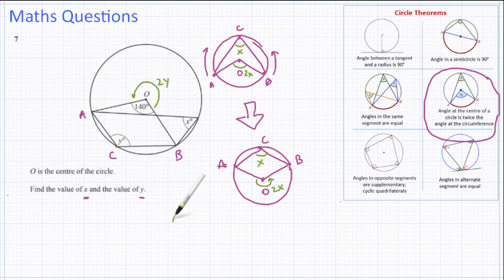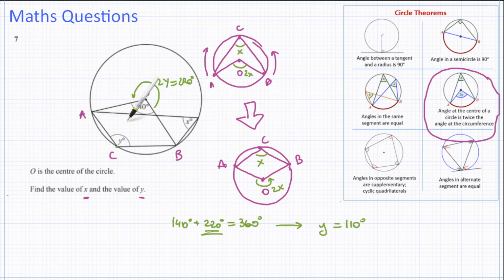Since I would have to add something to 140 to get 360, the angle that we're looking for is 220. So if 2y is 220, y is 110.